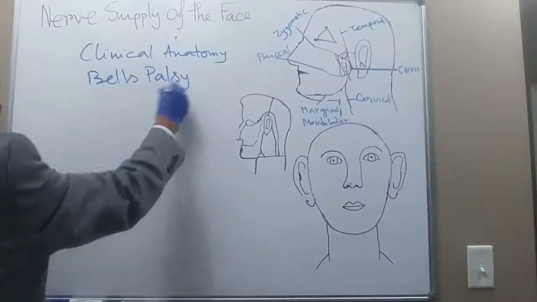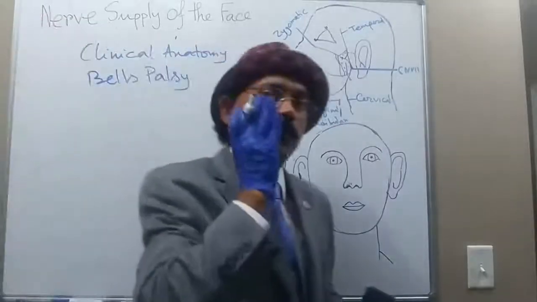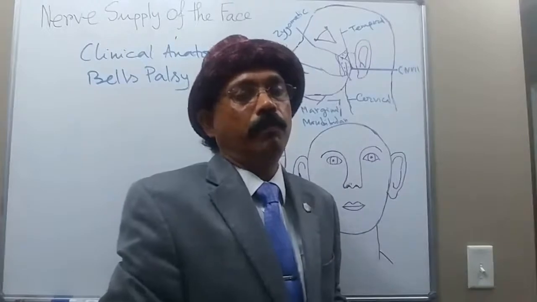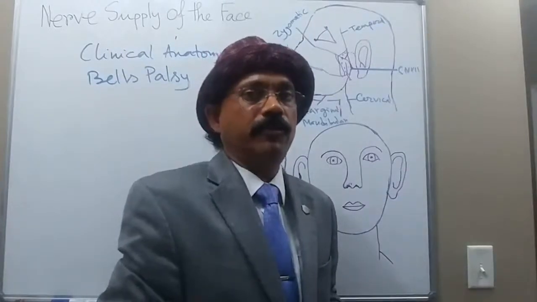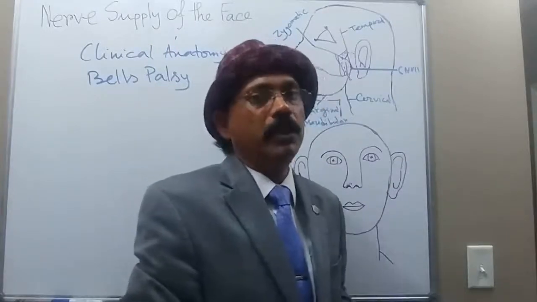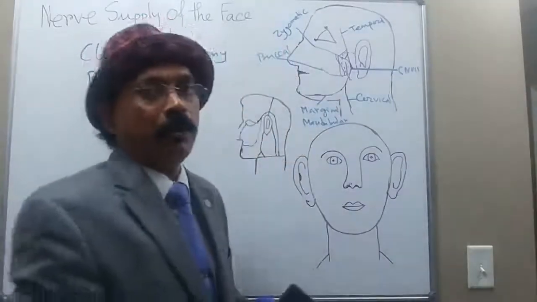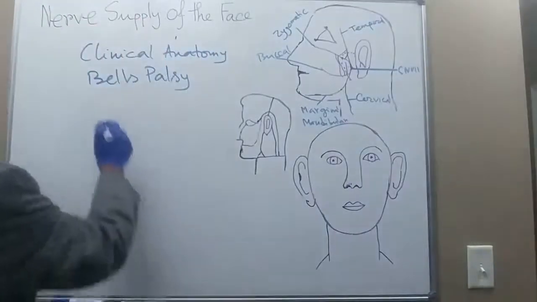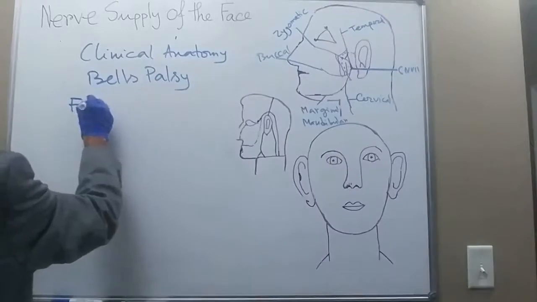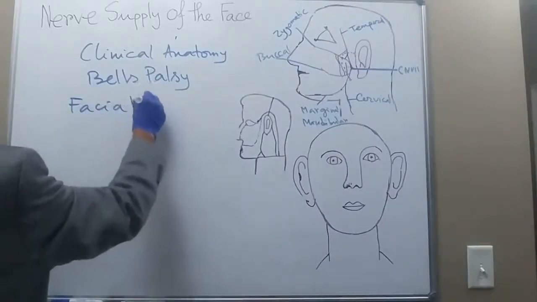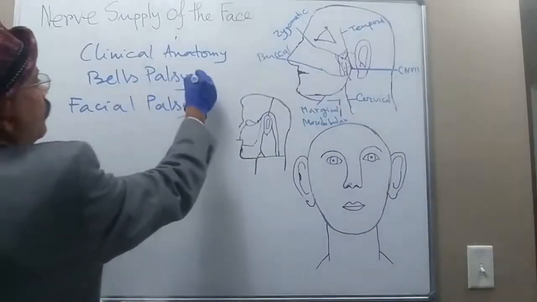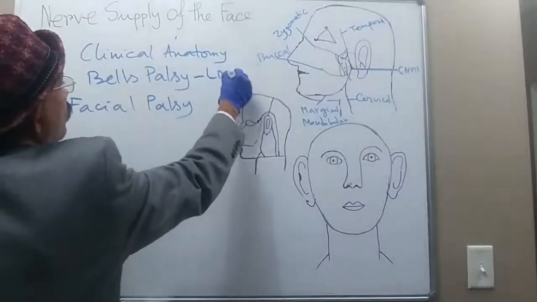There will be ipsilateral, same-sided complete paralysis, and the person may also lose taste sensation from the anterior 2/3 of the tongue, or may not lose it, depending on the site of lesion. This Bell's palsy is a lower motor neuron lesion.